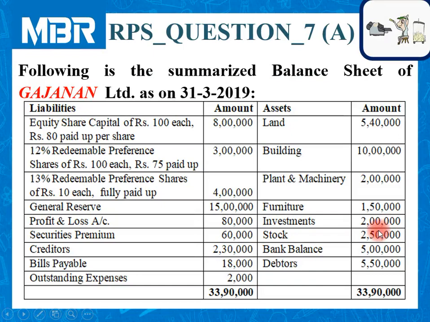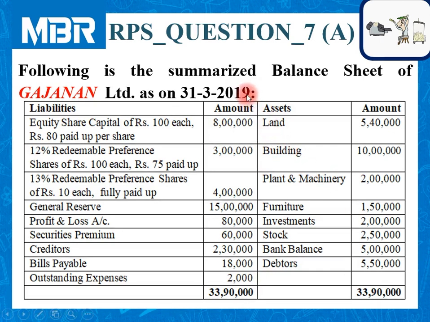Now, in the same line, today I would like to discuss one more question, and this question is a replica, that is, similar to question number 7 that I discussed in the last lecture.